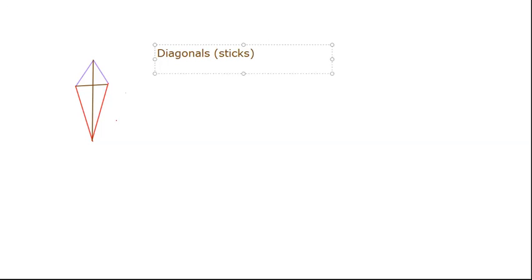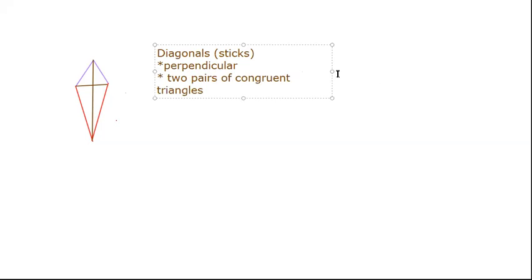And we know something about the diagonals of a kite. They are perpendicular, and they also form 2 pairs, so the top little ones and the bottom big ones, of congruent triangles. The diagonals of the kite. So there's a 90-degree angle in there.